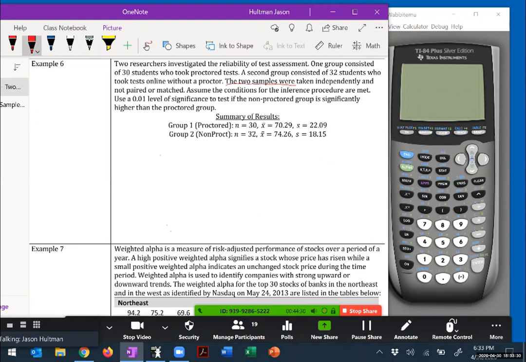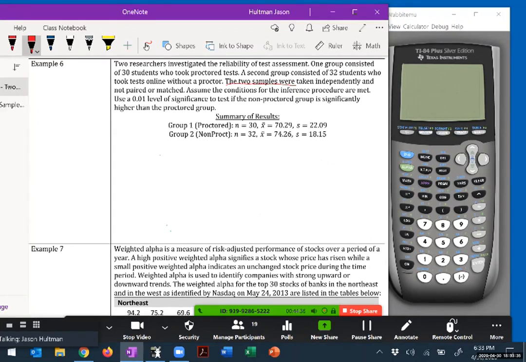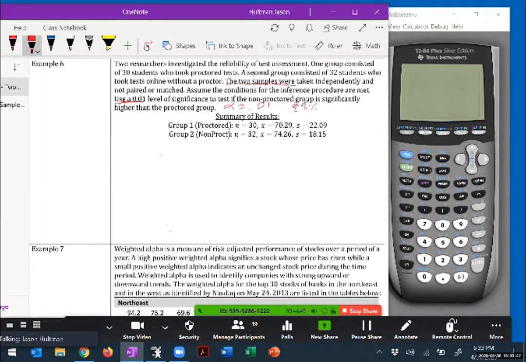Assume the conditions for inference procedure are met. Okay, we're assuming that they're met. Use a 0.01 significance level, so alpha in this case is 0.01. So we want to be really certain. We want to be 99% certain that there's no difference here. Okay, let's see how we do.